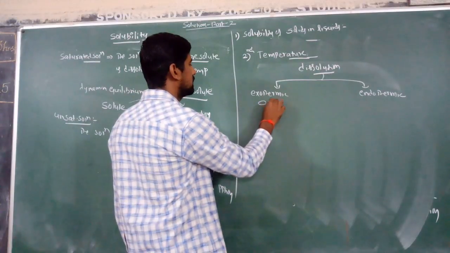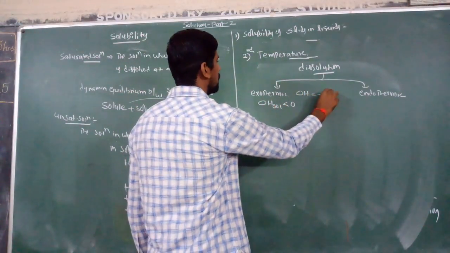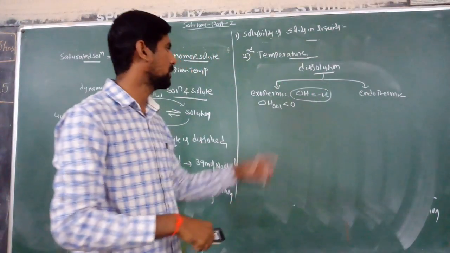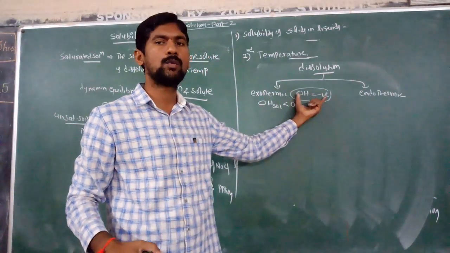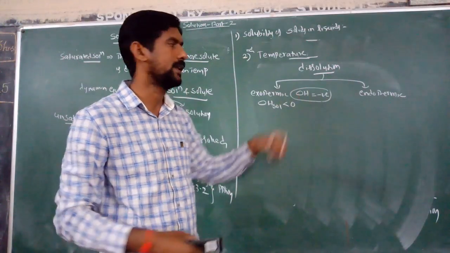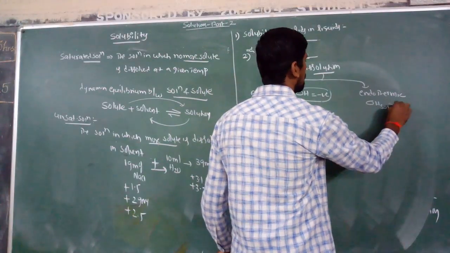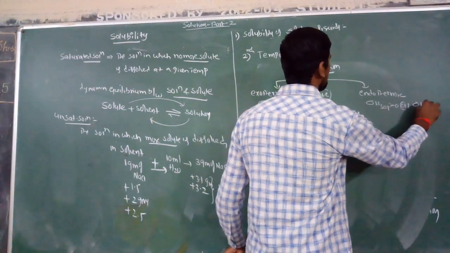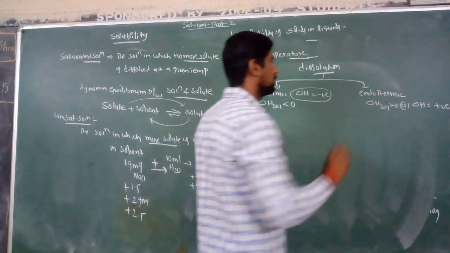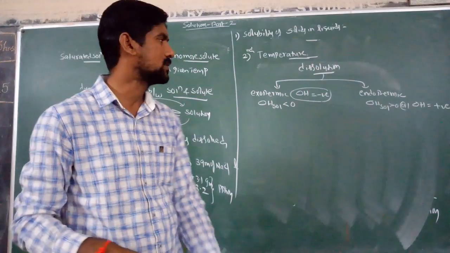If the dissolution process is exothermic, delta H solution is less than 0. According to thermodynamics, exothermic means heat is evolved by the system, delta H negative. What is endothermic? Delta H solution greater than 0, or the change in enthalpy is positive.